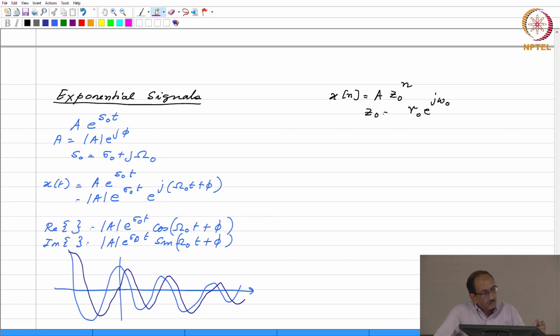By the way, s naught, the complex number, we wrote as sigma naught plus j cap omega naught. This is in Cartesian form, whereas the complex number z naught, we are writing as r naught e to the j omega naught, which is in polar form.